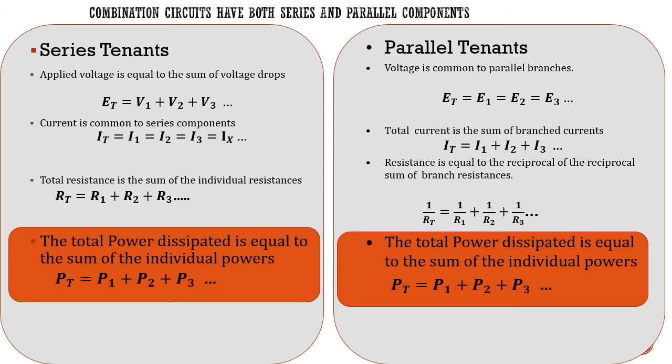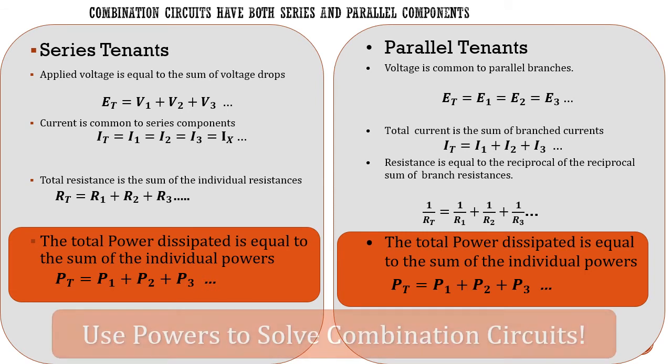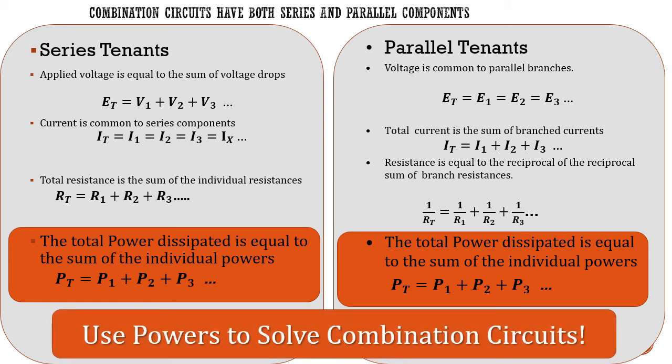And that's the big secret to solving any AC combination circuit: you need to use powers to solve the circuit. This saves on a lot of complex math where you have to take all of your vectors, break them down into their x and y components, or their rectangular form, in order to vector sum the totals.